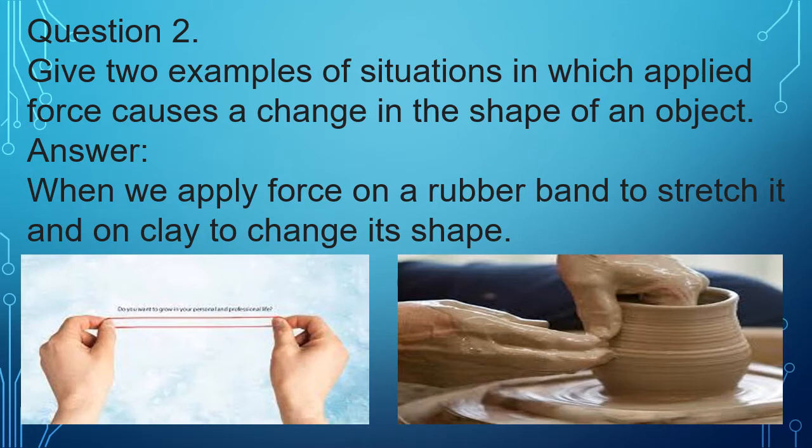See here children, in this picture you can observe that the rubber band is stretching with the help of force, and on clay to change its shape. That means we are applying force on clay to change the shape of the clay. Now let us move on to the next question.